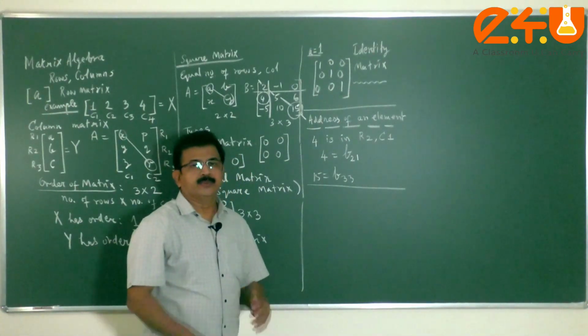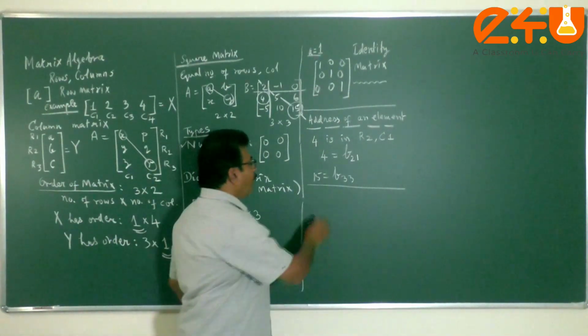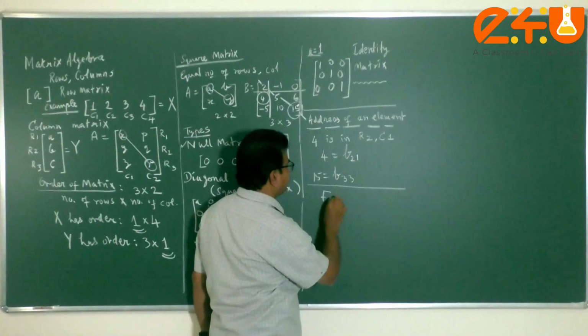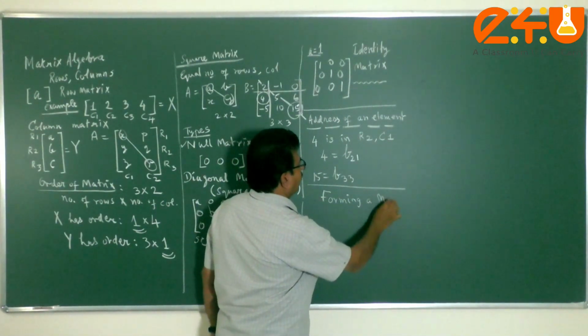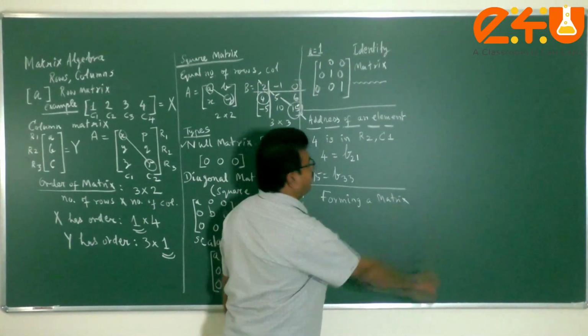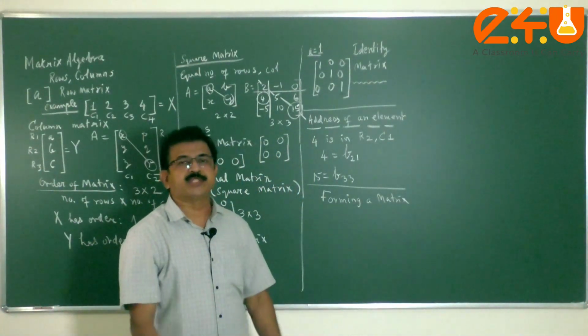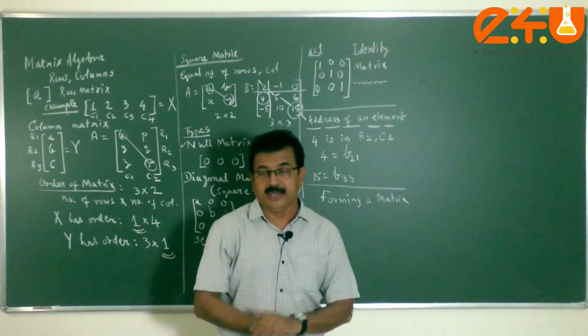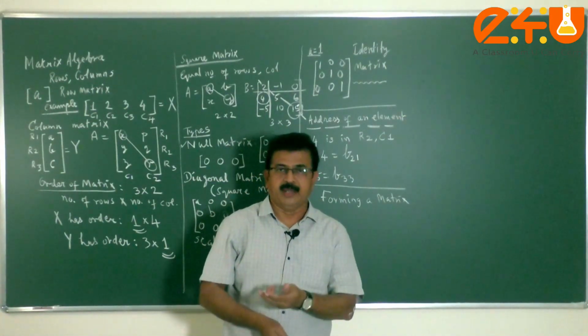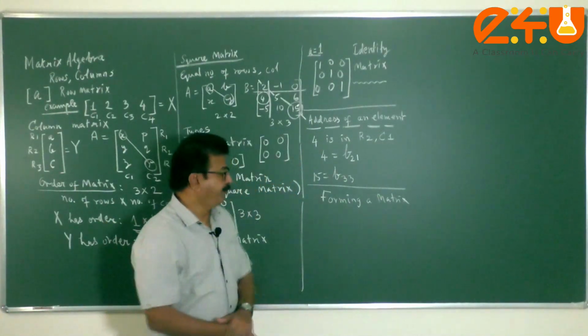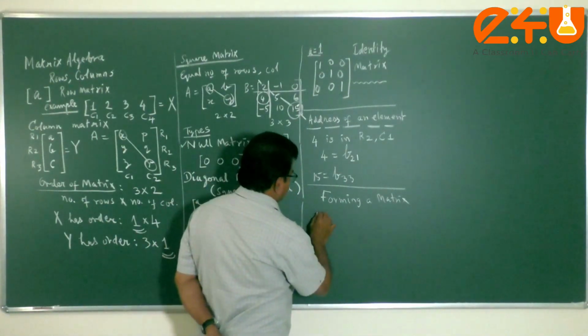Now we go to another concept, forming a matrix. Our syllabus, class 12 CBSE, expects a student to form a matrix given a discipline or a relation such as this.